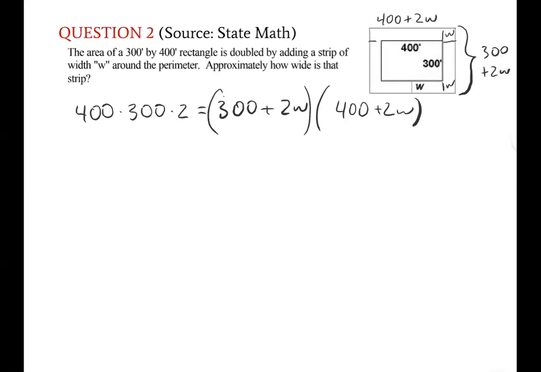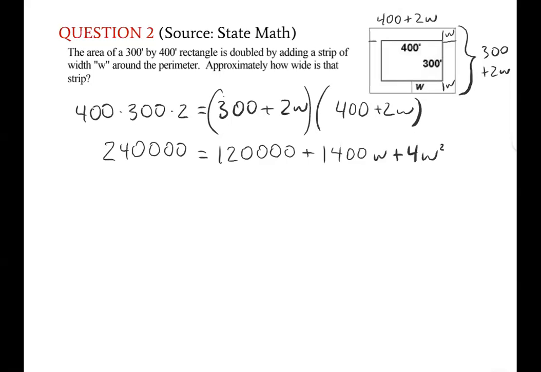So if we expand this out, we get 240,000 is equal to 120,000 plus 1,400w plus 4w squared.